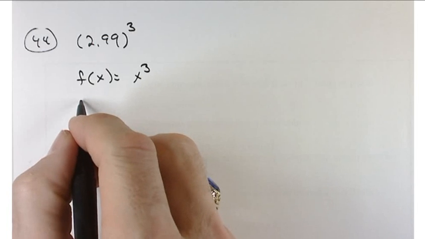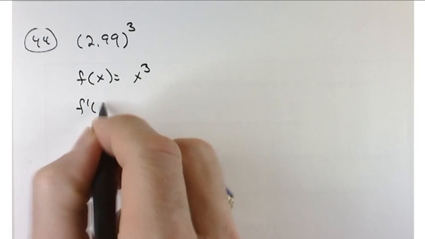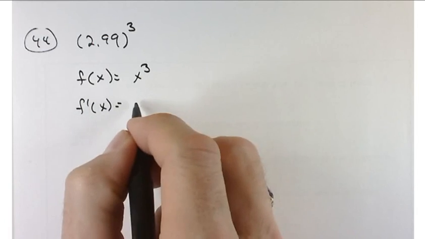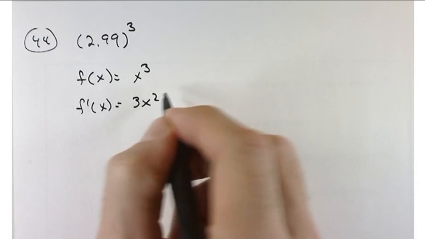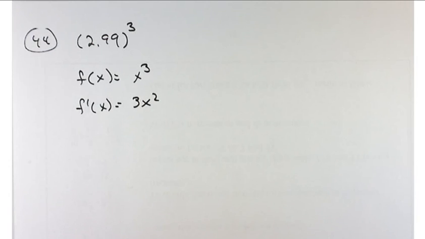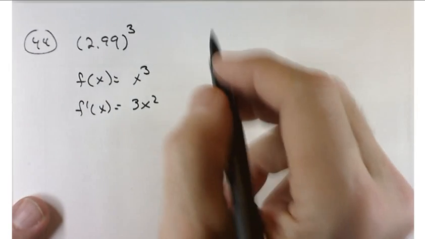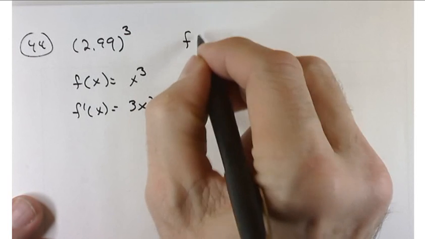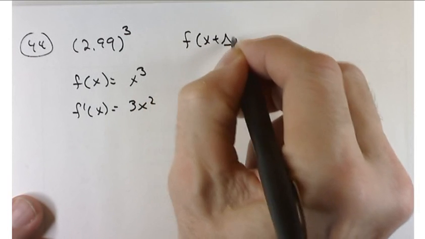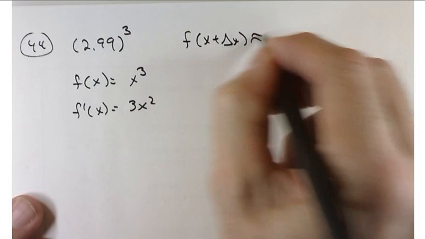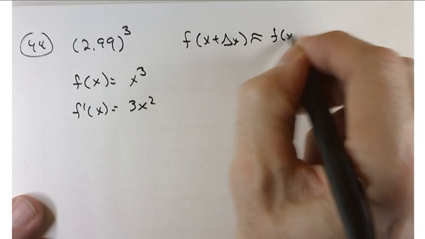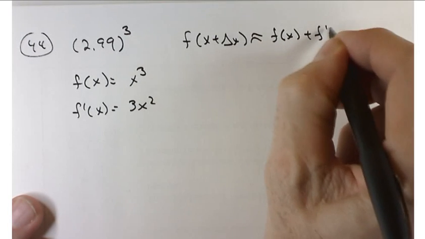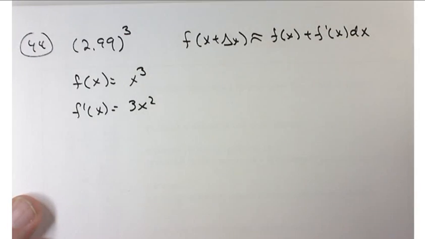From our last problem, I know I'm going to need the derivative, so let me put that down here. F prime of x is going to be 3x squared. And then this next idea that we've used a couple times: f of x plus delta x is approximately f of x plus f prime of x dx.